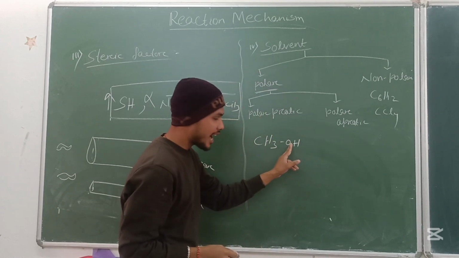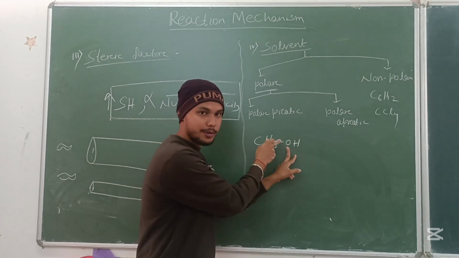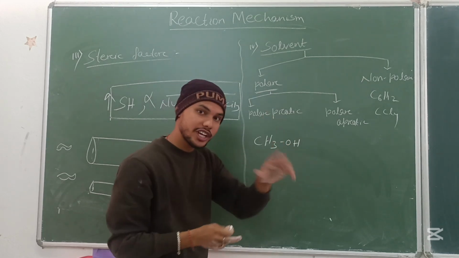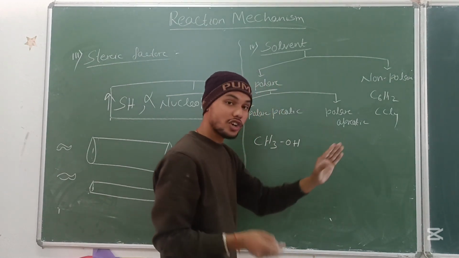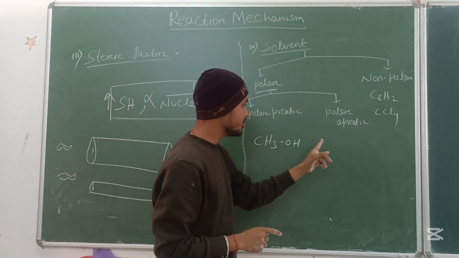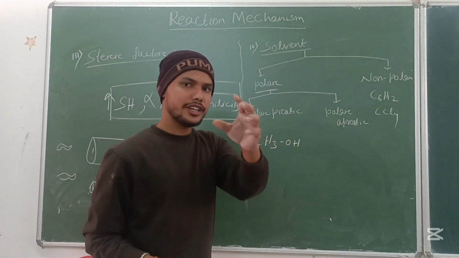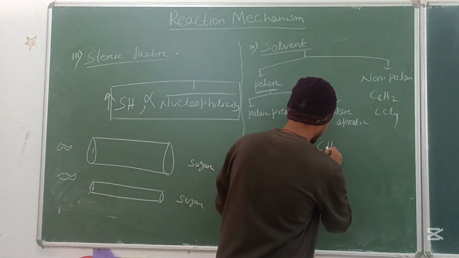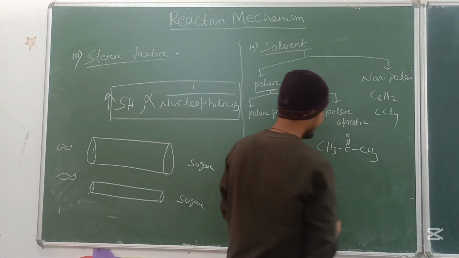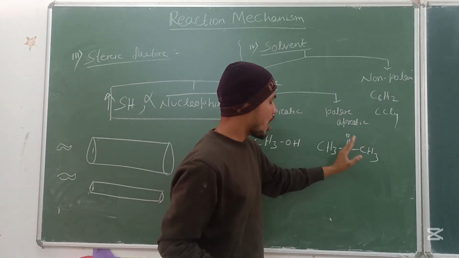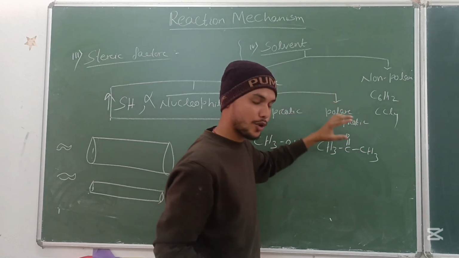Here the hydrogen is directly bonded to the highly electronegative atom oxygen, so it is polar protic in nature. Polar aprotic must not have that type of hydrogen attached to a highly electronegative atom. Example, acetone, CH3COCH3. Here there is no hydrogen attached to oxygen, so this is polar aprotic in nature.